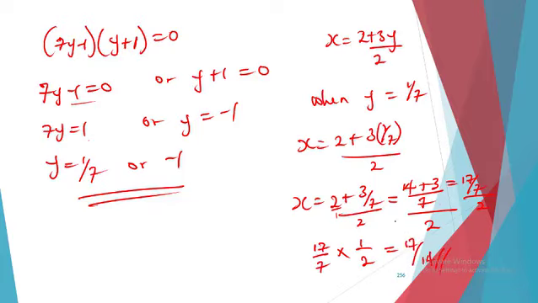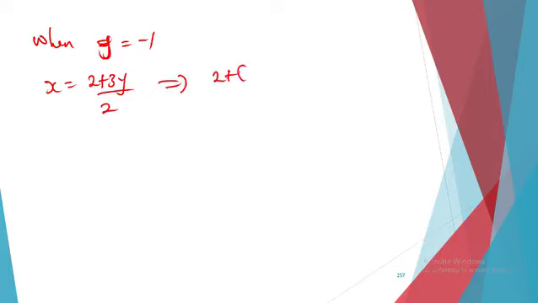Okay, then when y is equal to minus 1, we'll have x equal to 2 plus 3y all over 2. So we'll have 2 plus 3 into minus 1 all over 2, and that will give us 2 plus minus 3, all over 2.